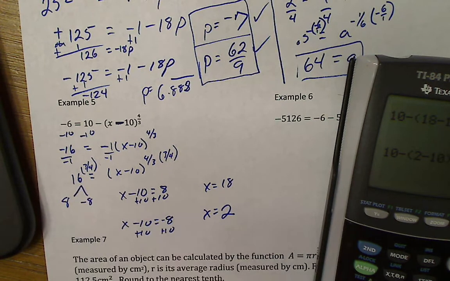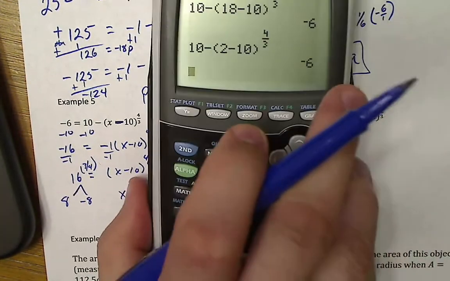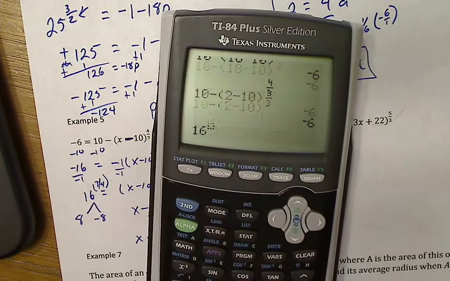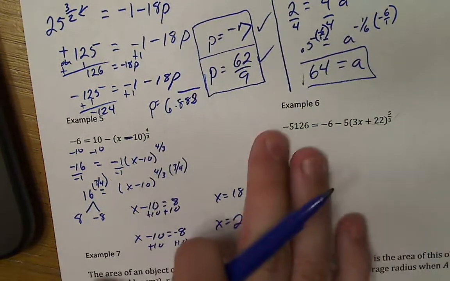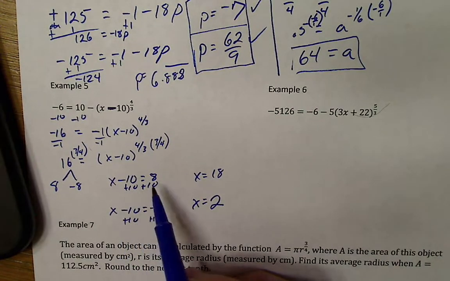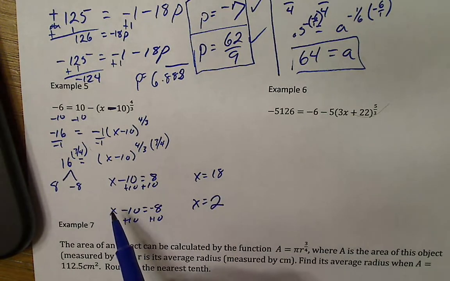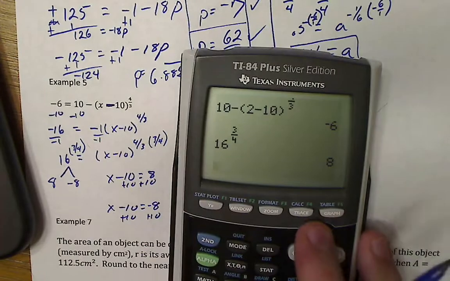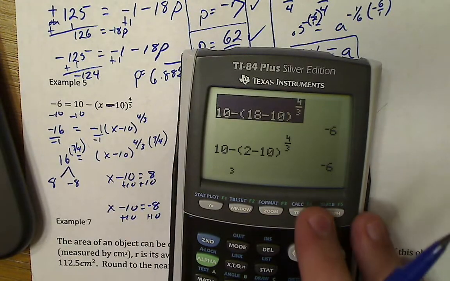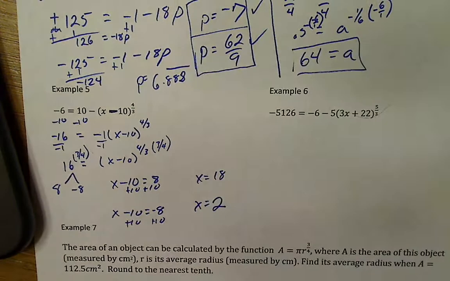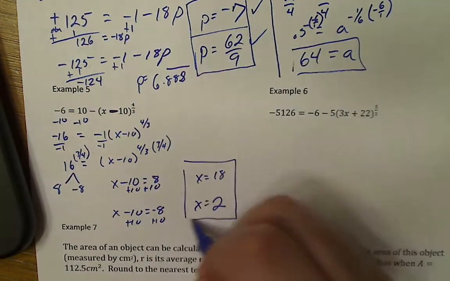If you're not sure how I got that in the calculator, I just went 16 raised to the 3/4 power, and I get an 8. So 8 and negative 8. So I have x minus 10 is equal to 8, plus 10 plus 10, which is 18. x minus 10 is equal to negative 8, plus 10 plus 10, which is 2. I checked both my answers. They both give me negative 6, which is what my original answer was to begin with. So both of these work, and I have two different answers on this one.